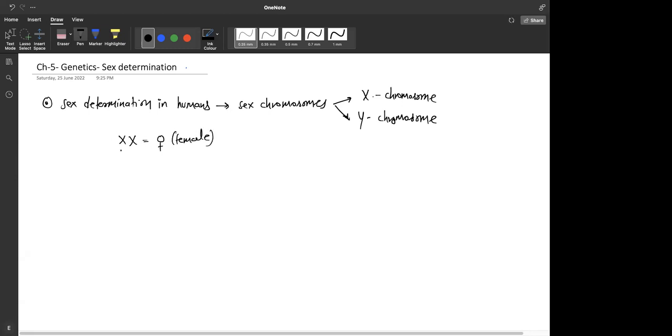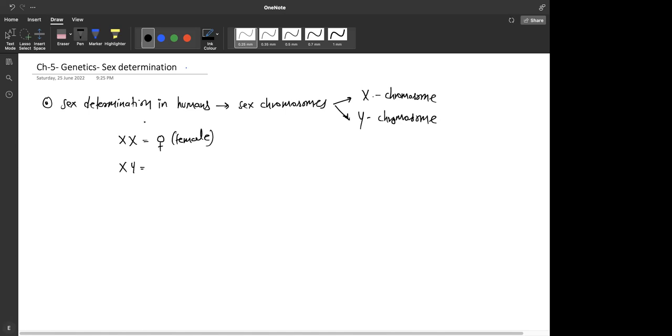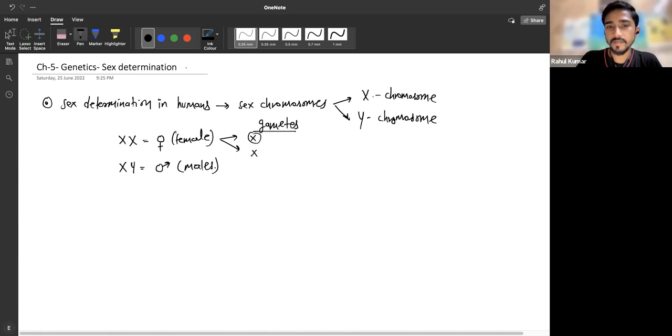So females are homozygous, or homogametic, for sex determination, and males are heterogametic, having 2 different chromosomes. So when this female goes on to make gametes, she will make both the same gametes. Each gamete will have X or X, right?